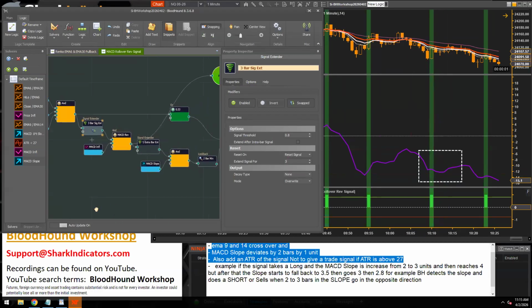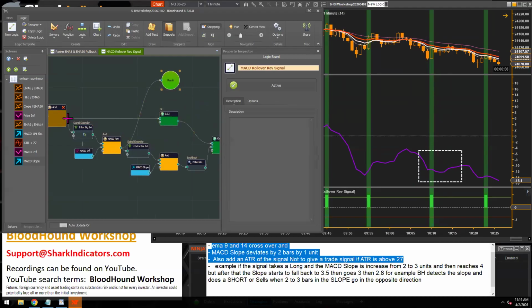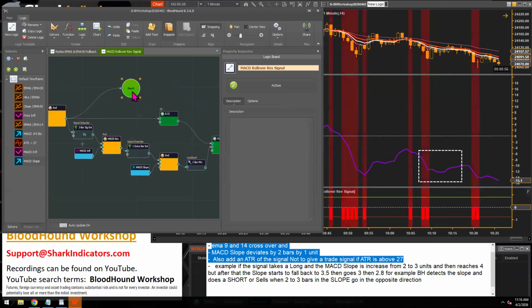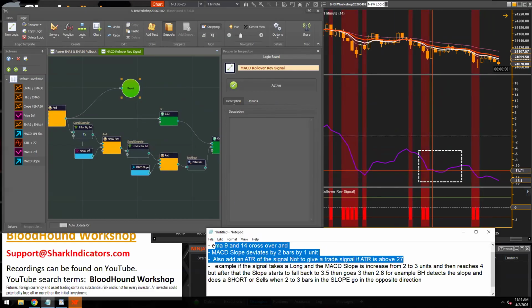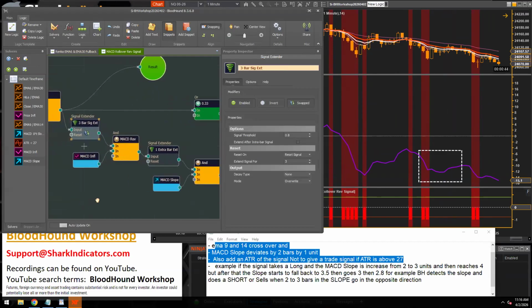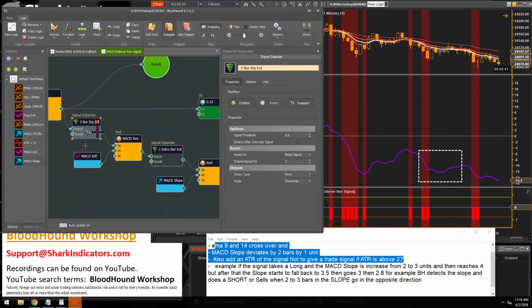So you're taking the initial condition, and you're extending it way out over here even further. And so that is what this signal extender is doing.